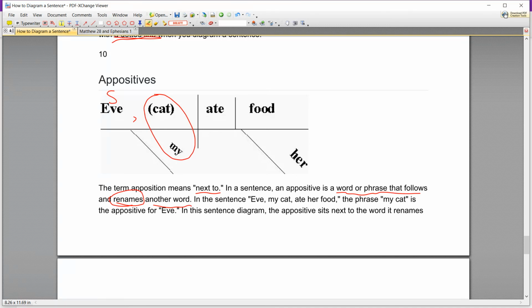Eve is a cat. My cat and Eve are the same thing. So you put cat here, and you put my cat. I think you should move this closer to cat. Eve, my cat, ate, verb, food, direct object. Whose food? Her food.